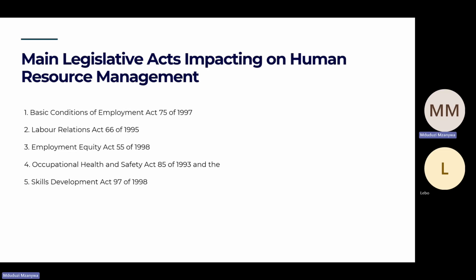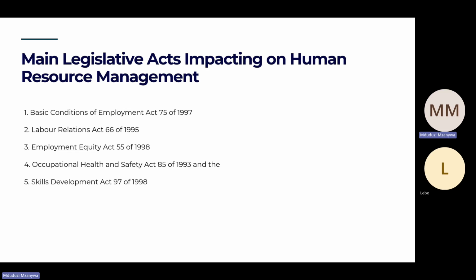regulations. And the last one is the Skills Development Act. This one addresses training needs of South African workers, just simply says everyone has a right to lifelong learning and everyone must be developed. So this one requires the employers to make sure that there's continuous learning and continuous training of the workforce.